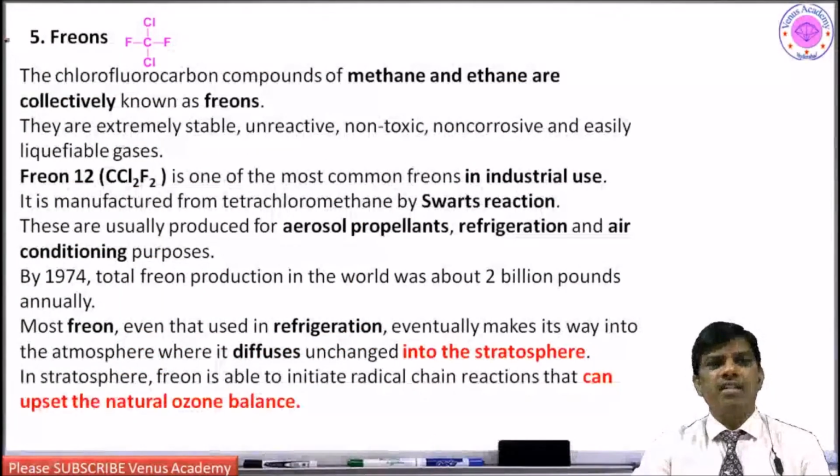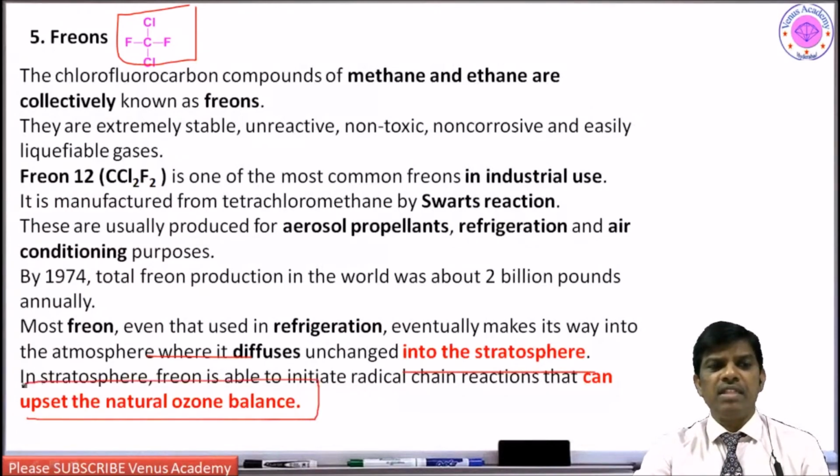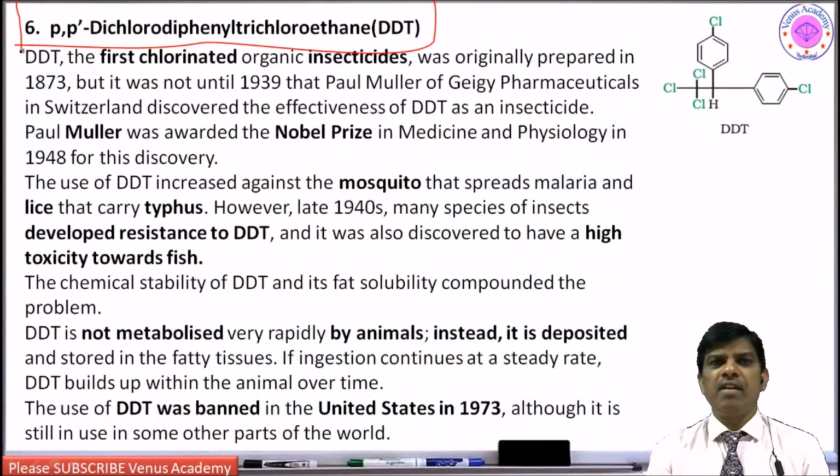Freons are highly objectionable halogen compounds: when they go into the stratosphere, they upset the natural ozone balance. Chloramphenicol is for the treatment of typhoid, haloform for anesthesia, thyroxine for goiter.